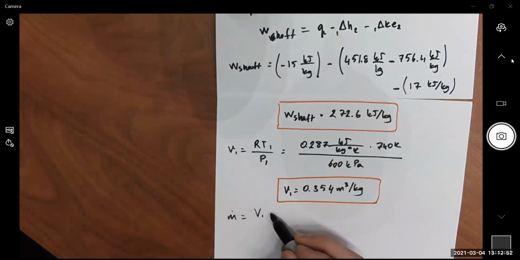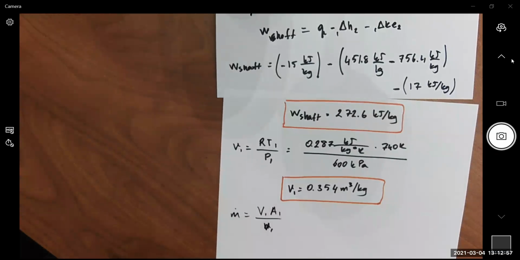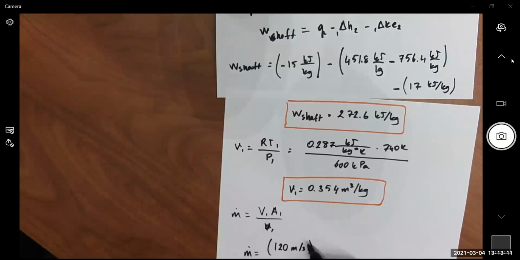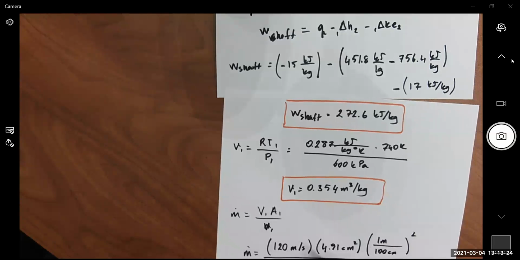Now I can calculate my mass flow rate. I know area, I know velocity, and I know my specific volume. Here, mass flow rate will be velocity at the inlet, 120 meters per second, times area, 4.91 centimeters squared, times 1 meter squared per 10,000 centimeters squared, over specific volume 0.354 meters cubed per kilogram.